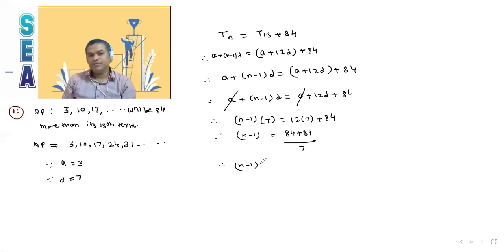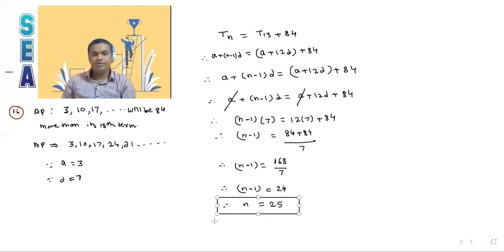So n minus 1 is equal to 168 by 7. So n minus 1 is equal to 24. So n is equal to 25. So we got n is equal to 25. I think that was the question, at which term.